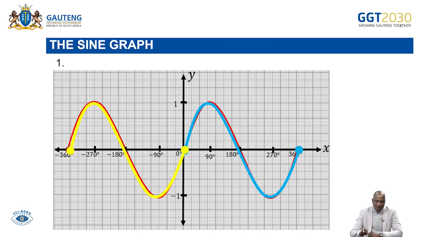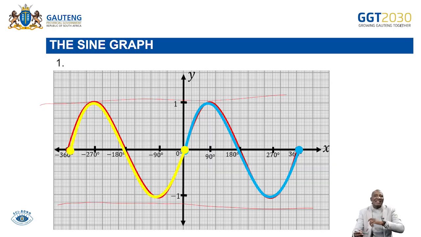Then the range, we go back to the graph. The range speaks to the y side. We said our graph starts from negative 1 there and stops at 1. So our graph exists only between negative 1 and 1 for the y side. It doesn't go beyond 1, neither does it go below negative 1.